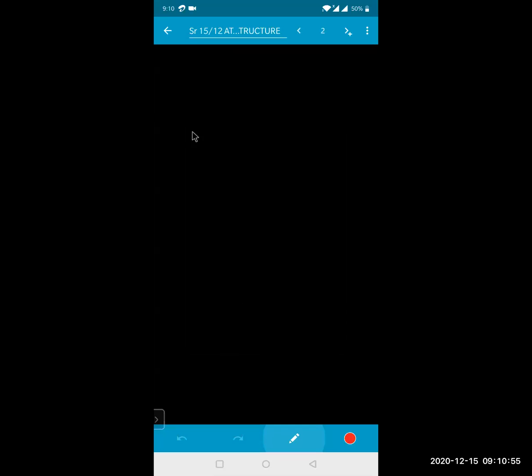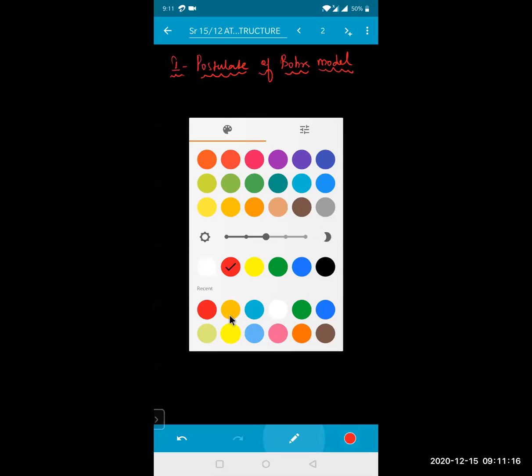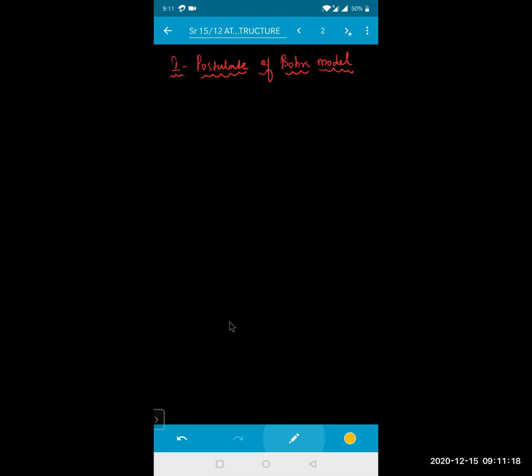First postulate of Bohr's model. All the electrons will be revolving around the nucleus in a circular path.